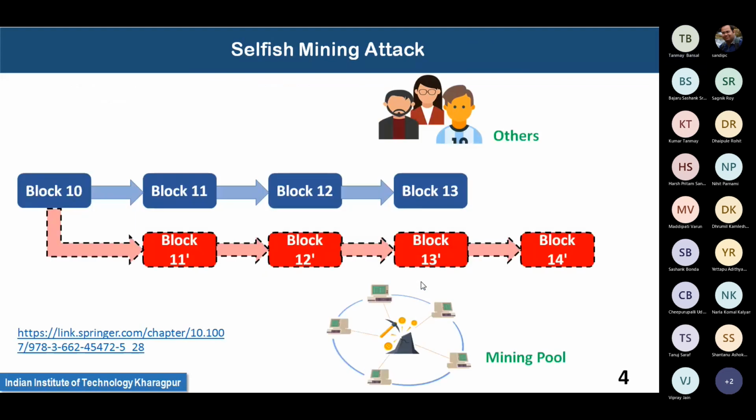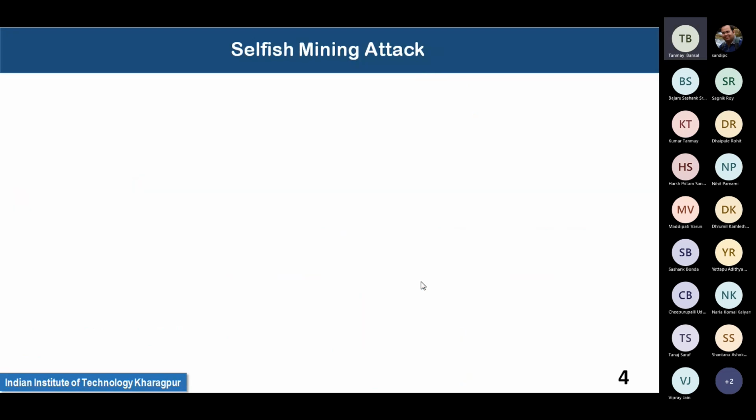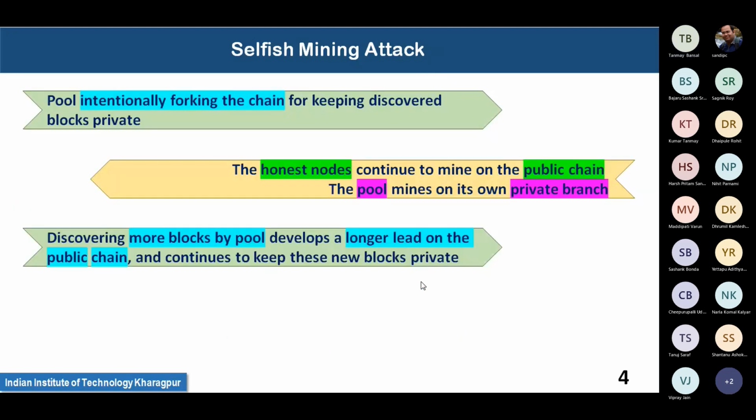And then finally, in our last lecture, we talked about the selfish mining attack, where we discussed that if there is a mining pool which can generate these blocks, need not be at the same rate, it would typically be at a slower rate.